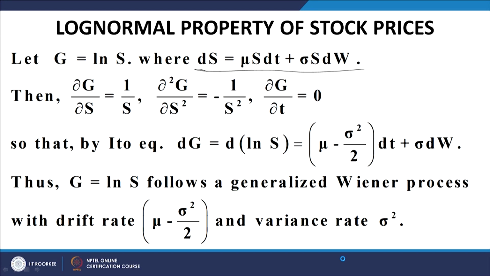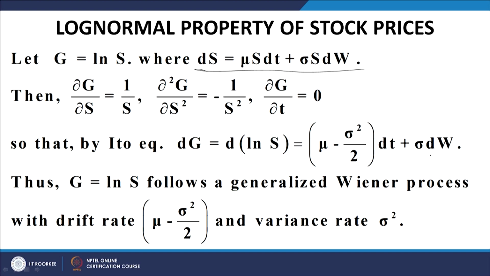The advantage facilitated by this is that this expression being constant, it is easy to integrate, and similarly this integration gives you the integral of dw, which is wt minus w0. W0 is 0. So, wt has a variance of t. So, we get sigma square t as the variance.